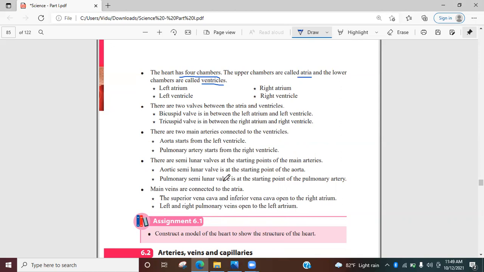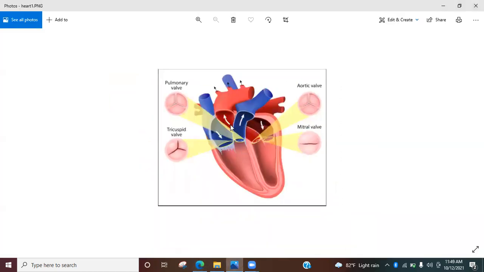Pulmonary semilunar valve is at the starting point of the pulmonary artery. This is the pulmonary artery, and the semilunar valve or pulmonary valve is the starting point of the pulmonary artery.